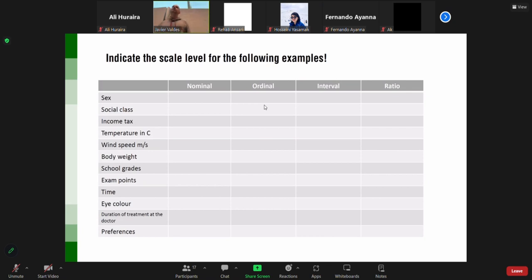But most of the people work with it as a ratio. But there is a nice paper written by a statistician that when you go very deep into models and so on, using this kind of variables as a ratio can generate problems, okay? But well, it is an interval. Wind speed.